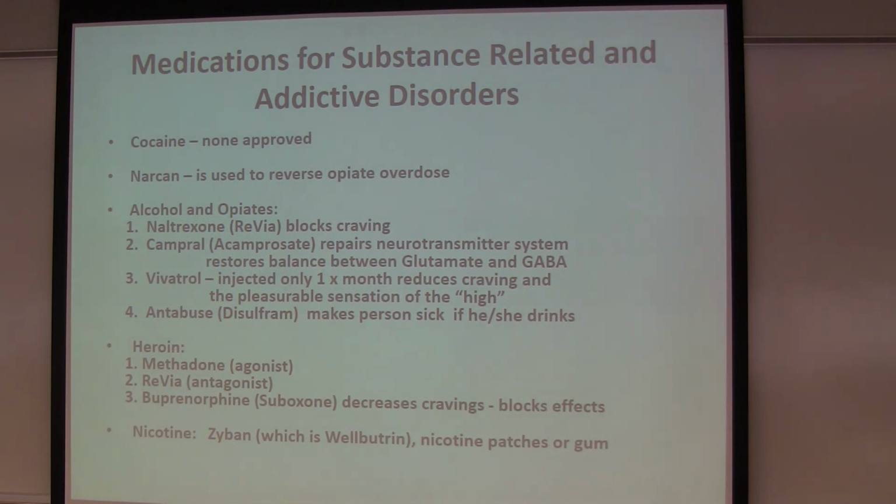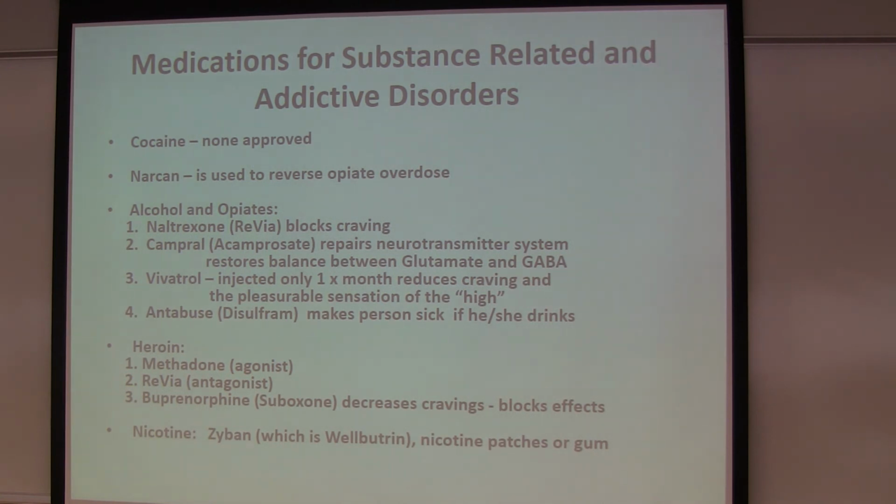For alcohol and opiates, we have naltrexone, also known as Revia, but naltrexone is the name that you would see, and it blocks the craving for opiates or alcohol. It's really used quite a bit with opiates. Campral repairs the neurotransmitter system and restores balance between the neurotransmitters glutamate and GABA.